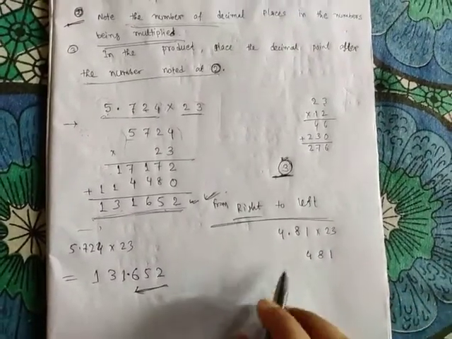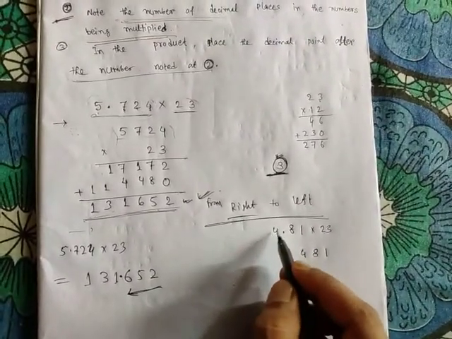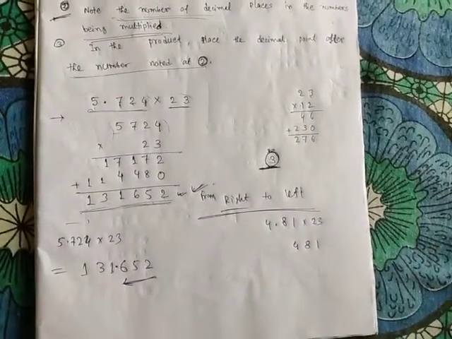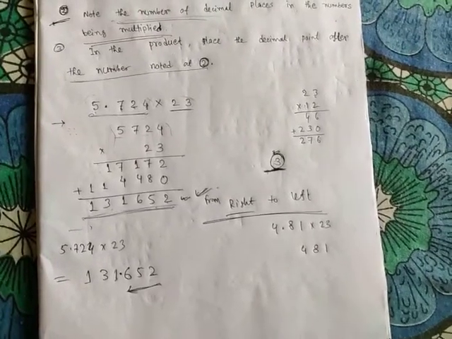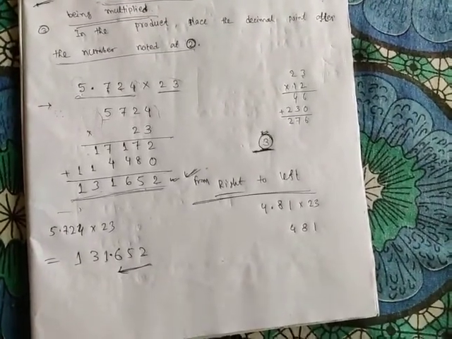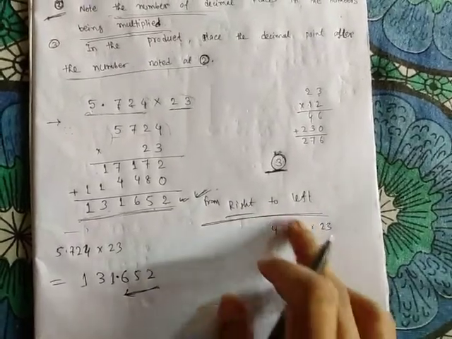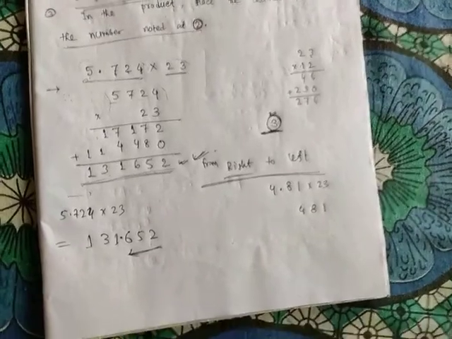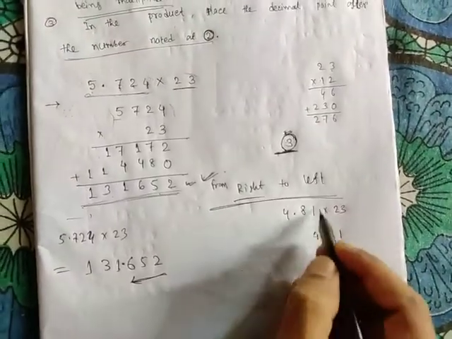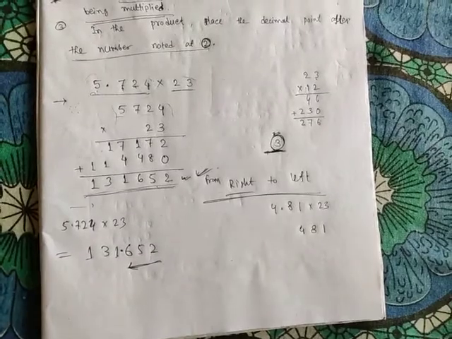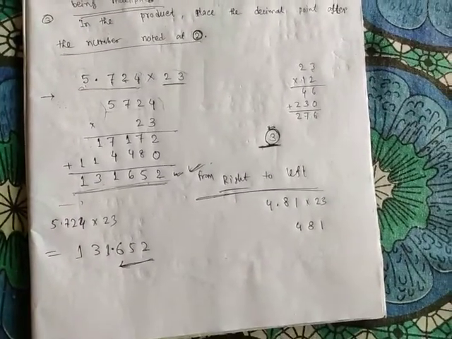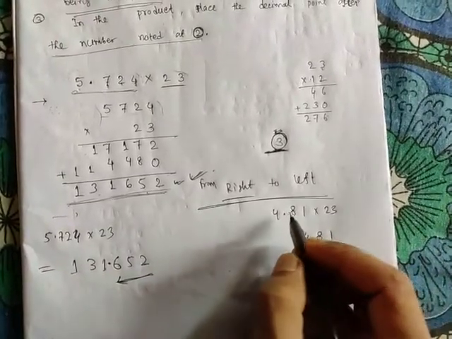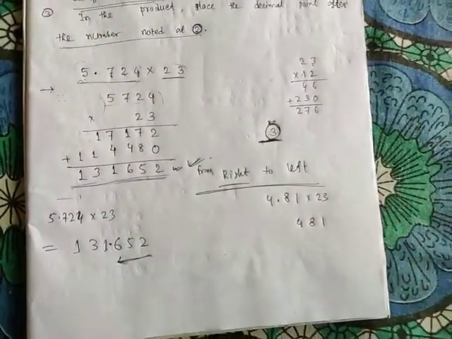Whole number means just omit the decimal point and write all the digits. Treat the decimal fraction number as a whole number.